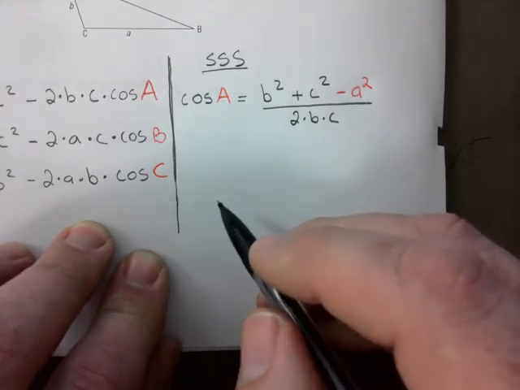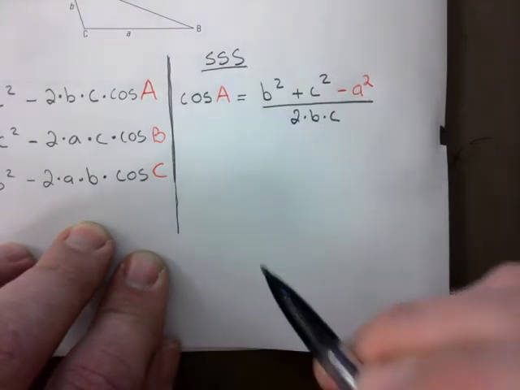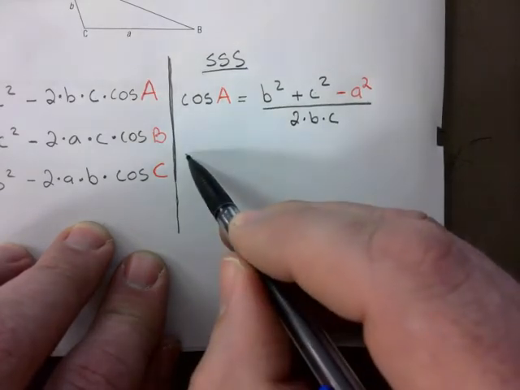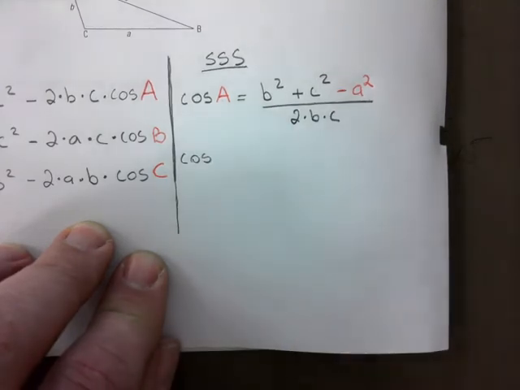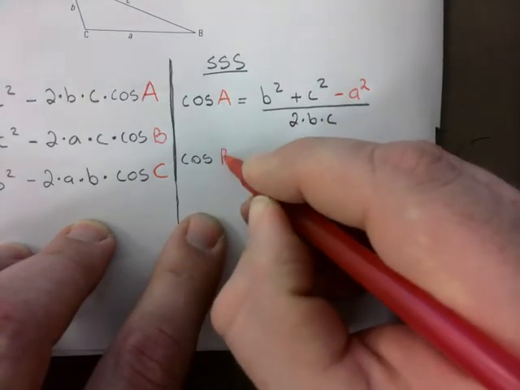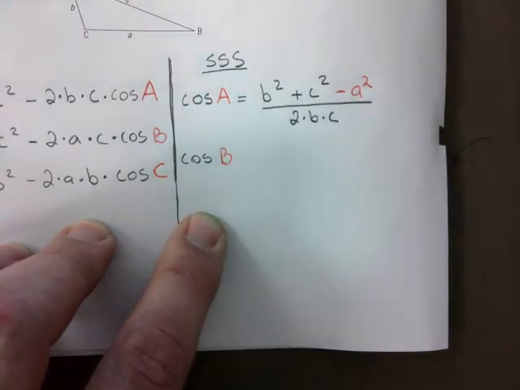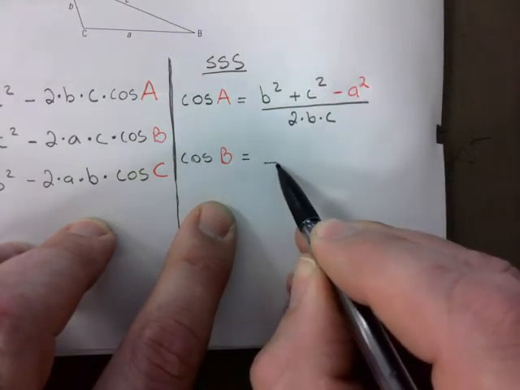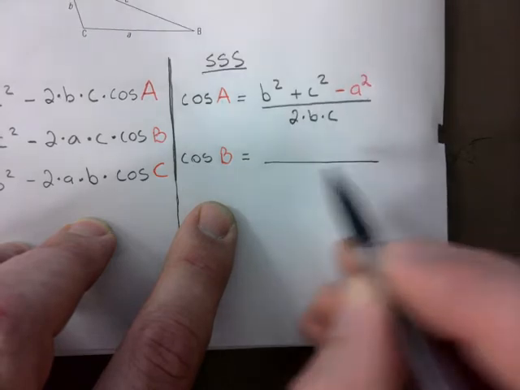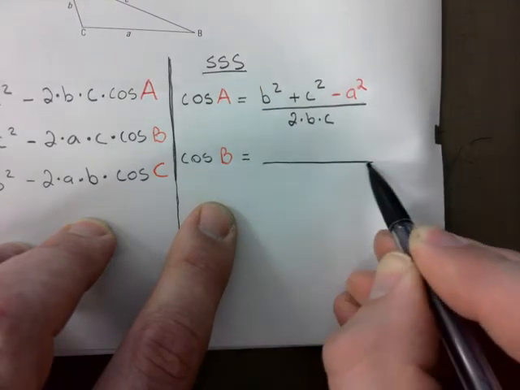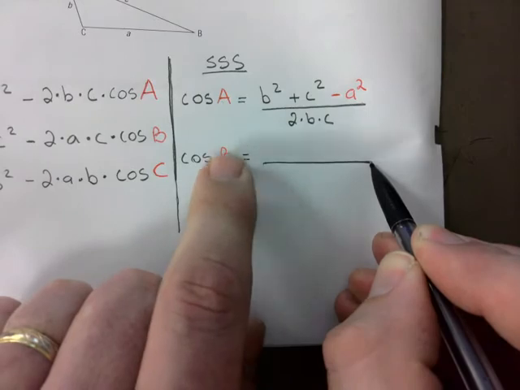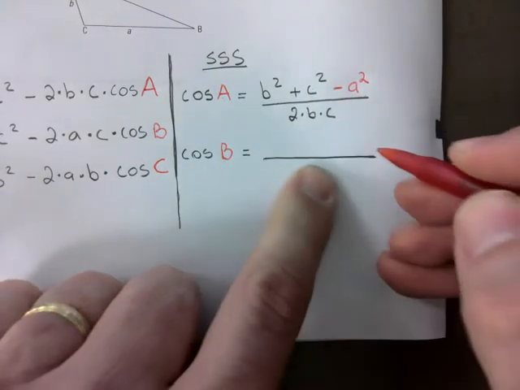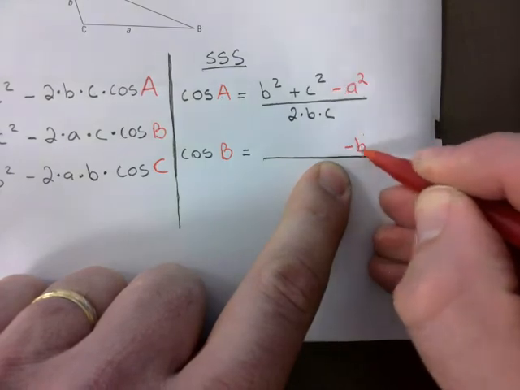Second variation of that formula, notice that a, b, c are used here, but it could be x, y, z, d, e, f. It could be whatever. Just watch the pattern. Cosine of b, if you wanted to find that angle, you better make sure that the side length across from it shows up at the end here, subtracting.